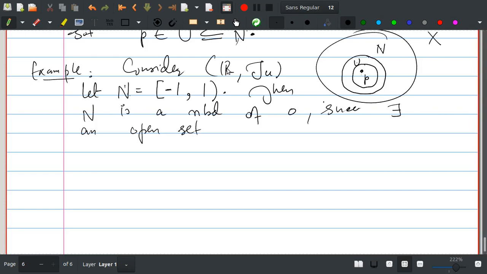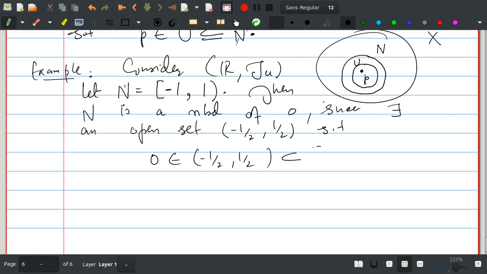The open sets in R with respect to the usual topology are the open intervals or their unions. So there exists an open set, say (-1/2, 1/2), such that 0 is contained in (-1/2, 1/2), and this interval is itself contained in N.